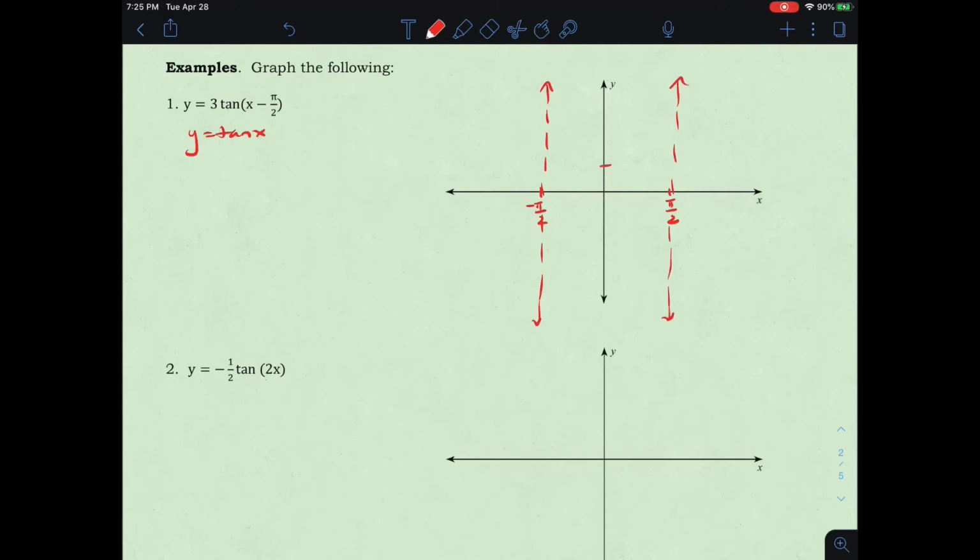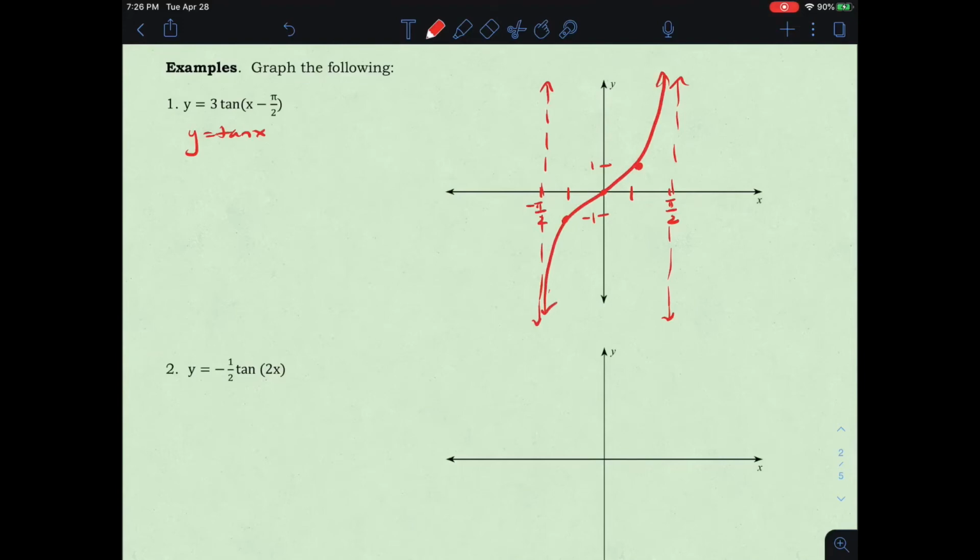I'm going to put 1 here and negative 1. And so for my tangent graph, I'm going to plot 3 points. The first point will be at negative 1. The next point will be at the origin. And then the next point will be at positive 1. And so this will be the graph of my tangent function.